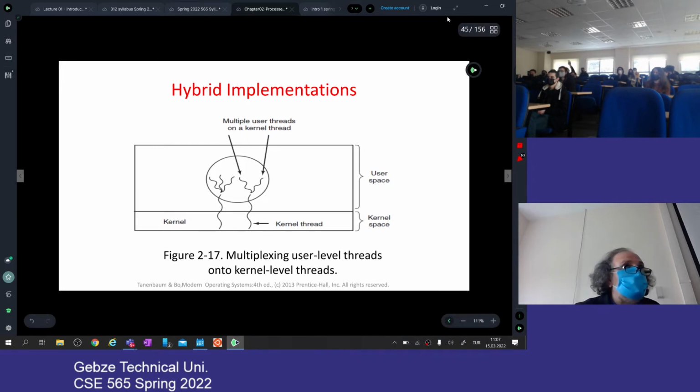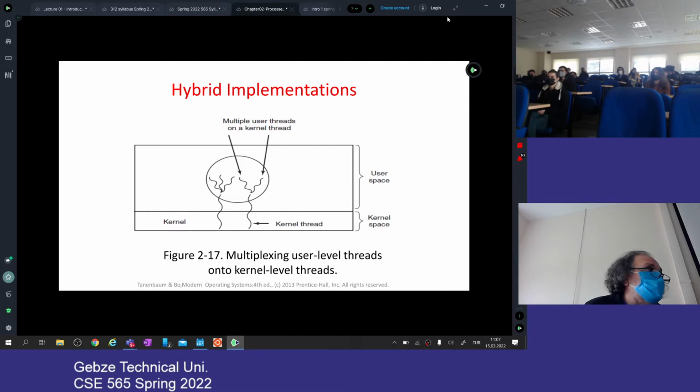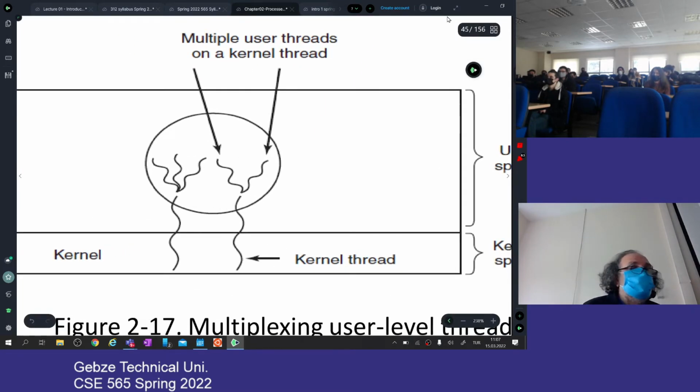Good. Is there any disadvantage of using a single process in the hybrid implementation? Single process, single thread? There are 5 threads, right? But there's a single process.